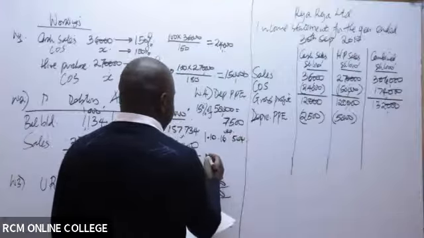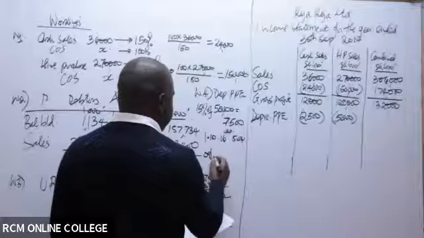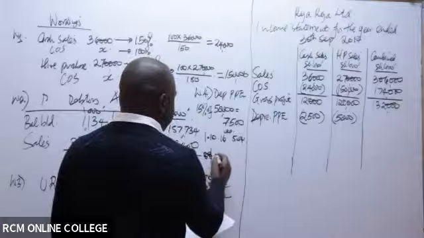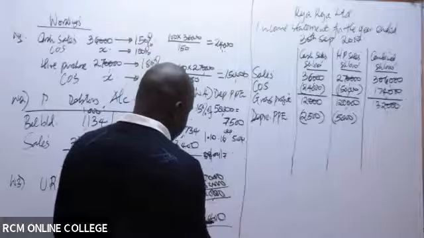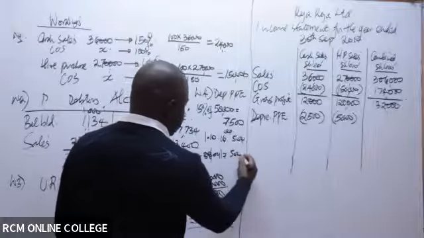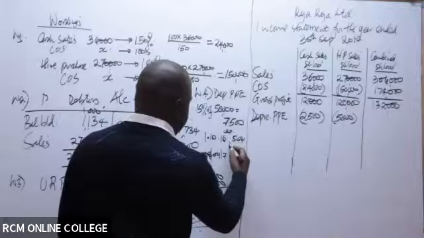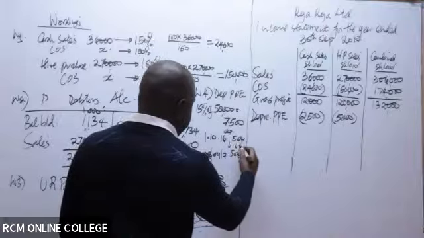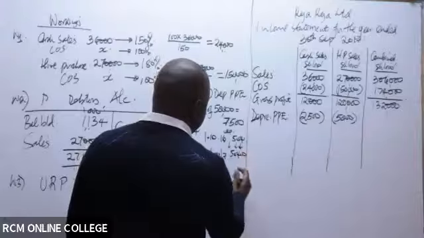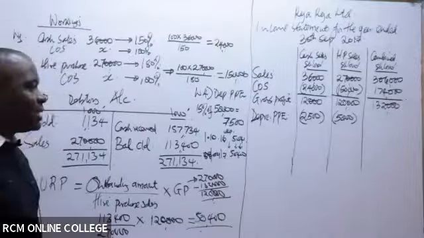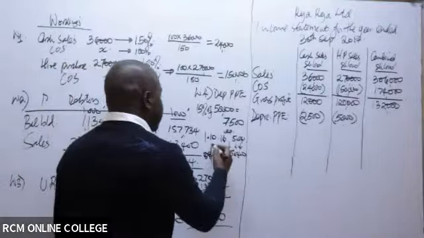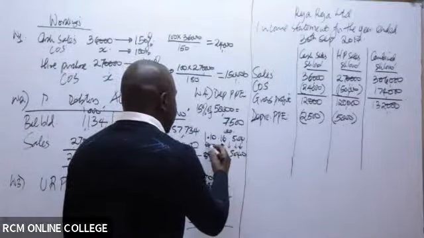By the end of the year, 30th of September 2017, there's the amount we've computed here, 50,400. So in between, there was an increment, and that increment is what we will take as the expense.